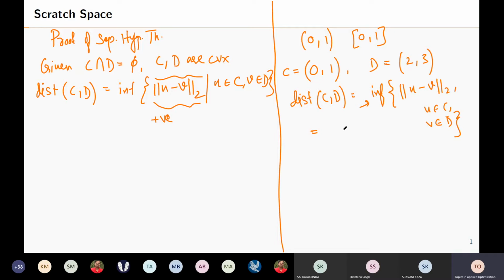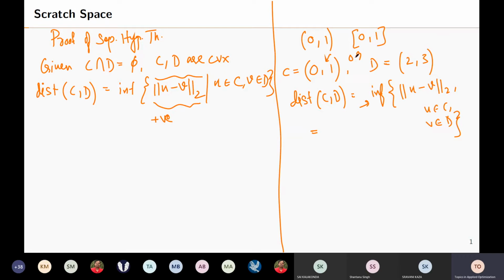You see how you go about this. There are points here like 0.9, and because 1 is not in C, 1 is excluded. That's what the open interval means. Here also 2 is excluded and 3 is excluded.